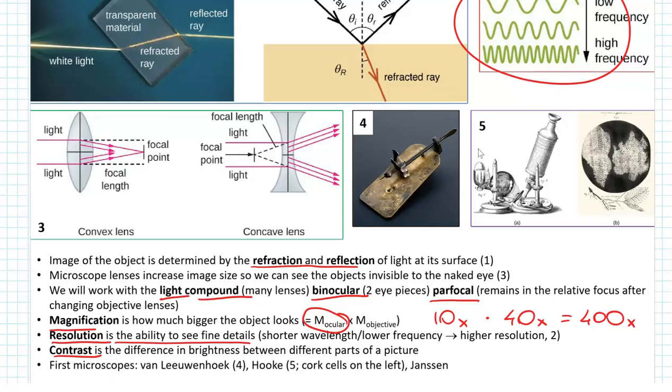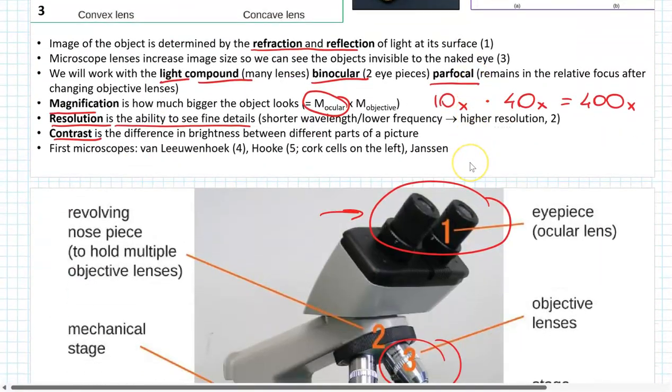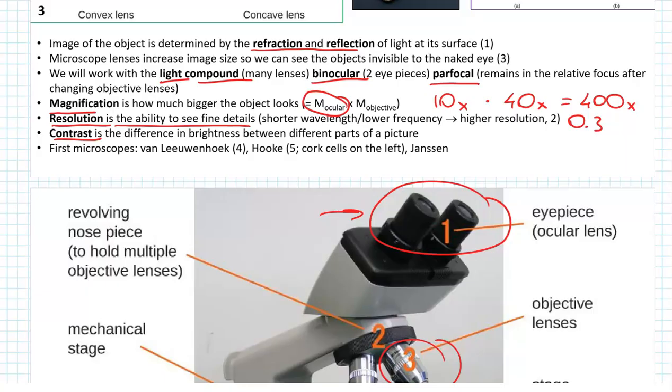Visible light has a limit of the size at about 0.3 micrometers. Don't memorize this number. I will never ask you this number. What I can ask you is what limits the resolution? And the answer is the wavelength or frequency, which are basically the same.